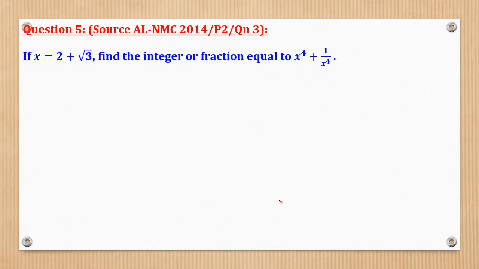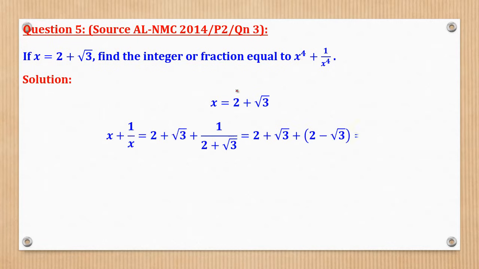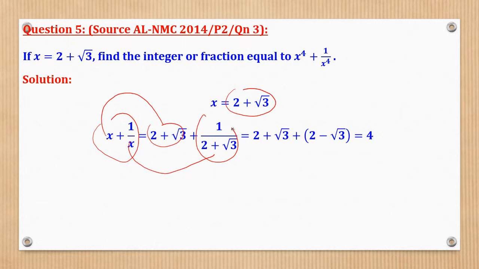Then question 5 says, if x is equal to 2 plus root 3, find the integer or fraction equal to x power 4 plus 1 over x power 4. So when x is this, then x plus 1 over x, I will replace x, put there this, 1 over x, I'll come up with this.